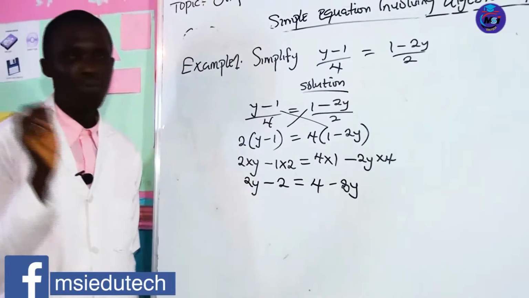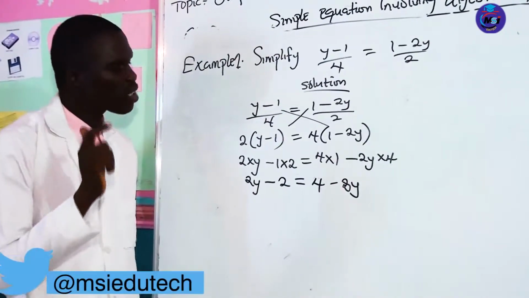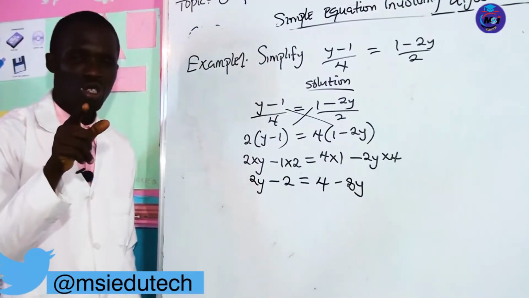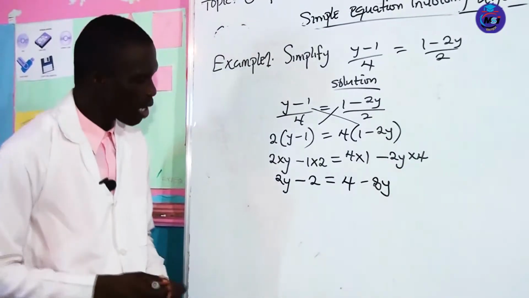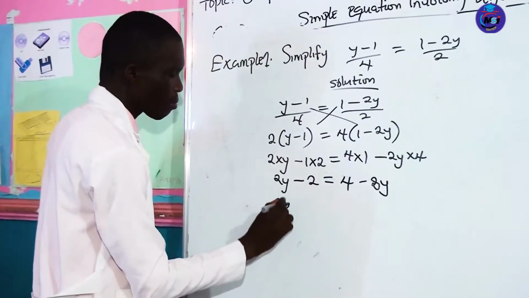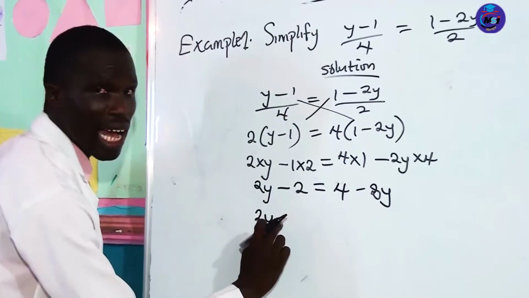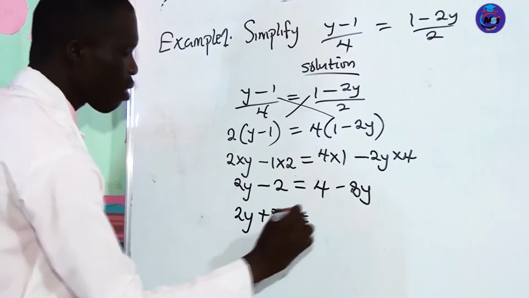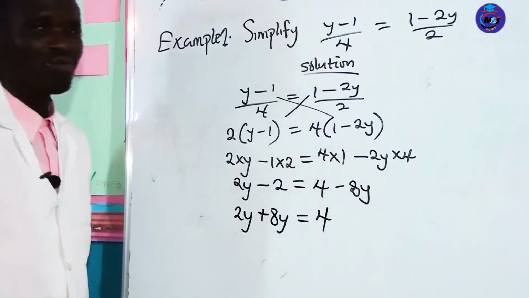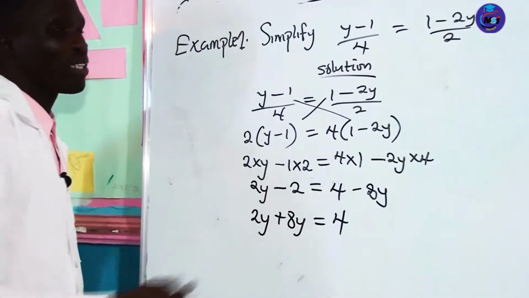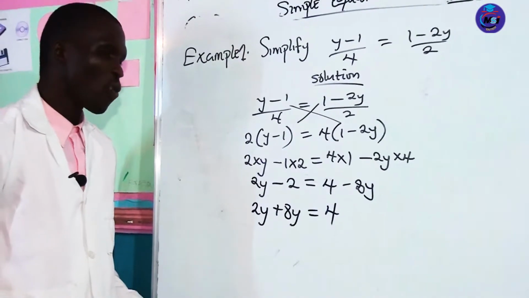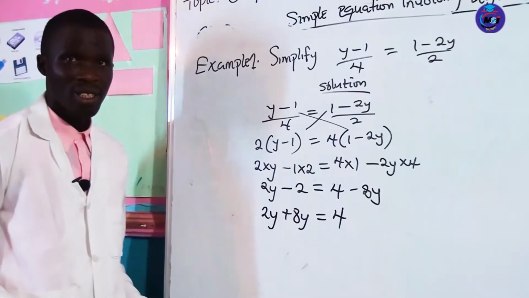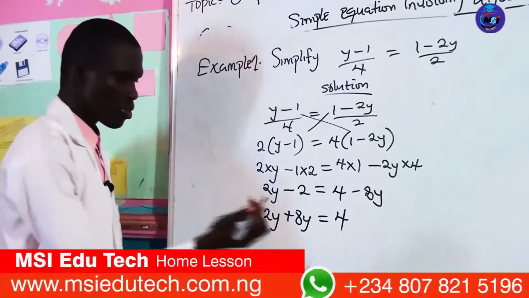At the front of 8, we have minus, and when minus is moving from one place to another, it will turn to plus. So 2y, crossing to the side, we have plus 8y equals to 4. 2 and 4 are from the same family because they stand alone and they don't have any alphabet. So what are we going to do?